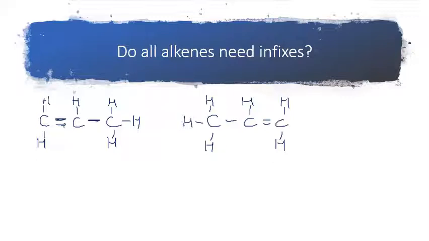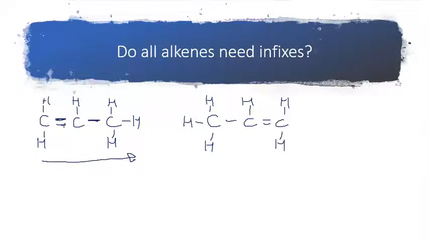Now, when you are naming alkenes where there's infixes, it's very important to number the carbons to keep the infix number as low as possible. That is the key to understanding whether or not we need infixes. Say that I was to number the carbons from left to right here in blue.